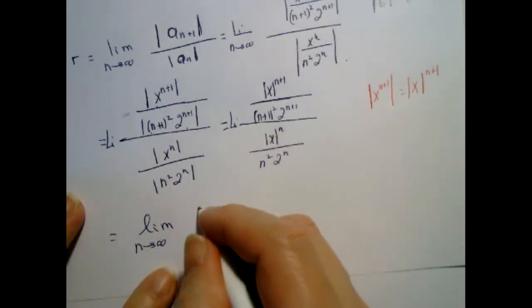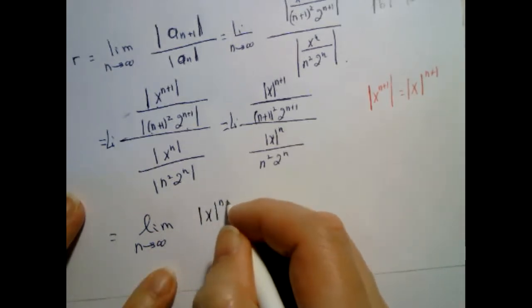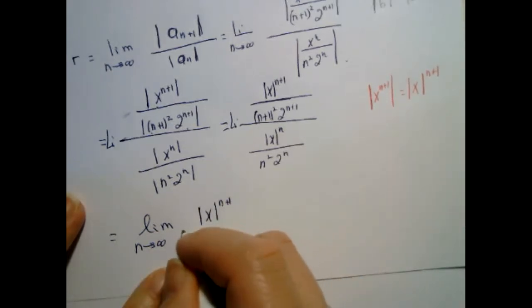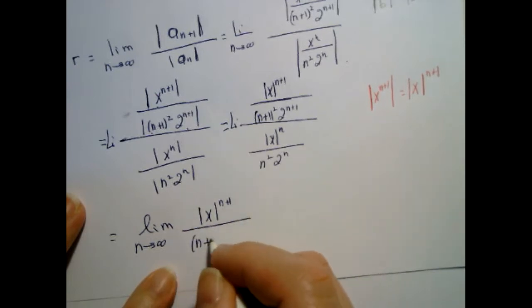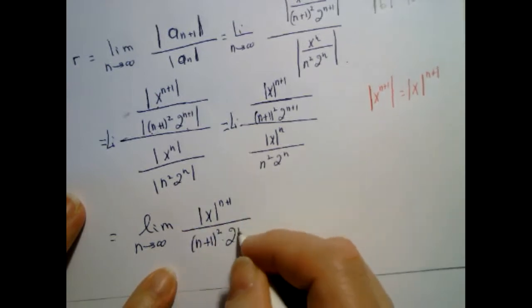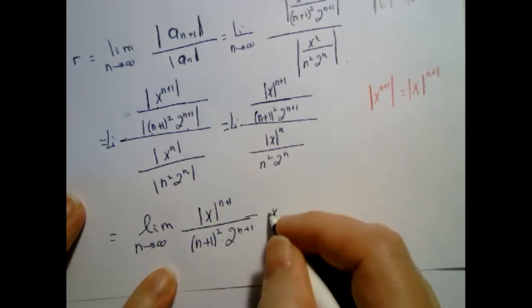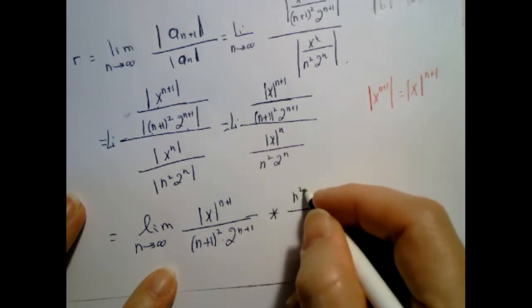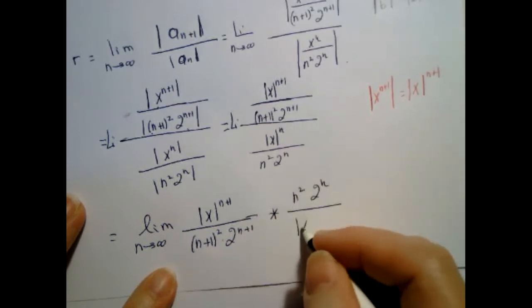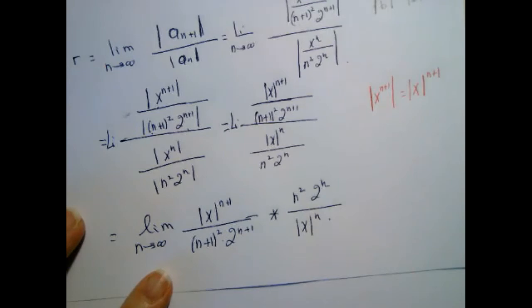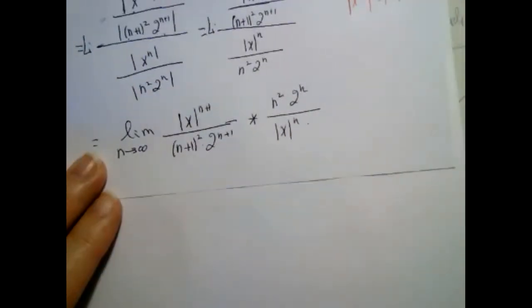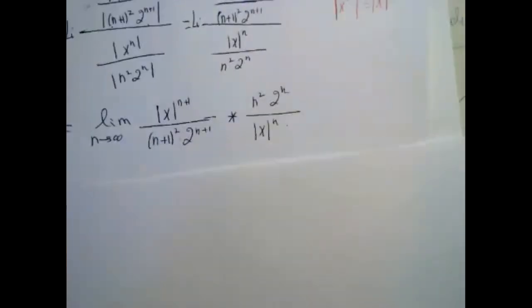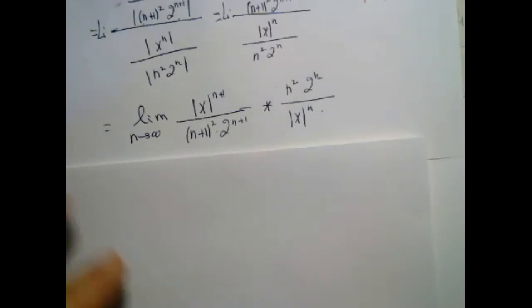We're going to flip things around: n plus 1 over n plus 1 squared times 2 to the n plus 1, multiplied by n squared 2 to the n over absolute value of x to the n. Now, when we did the ratio test, remember we put the like terms together so we can really work with it. I'm going to do verbatim the same thing.